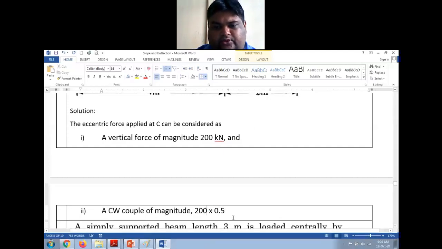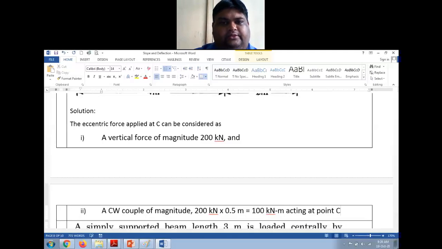I'll put the unit also so that it is much clearer. 200 kilonewton into 0.5 meter equal to 100 kilonewton meter, right? Acting at point C. Okay?